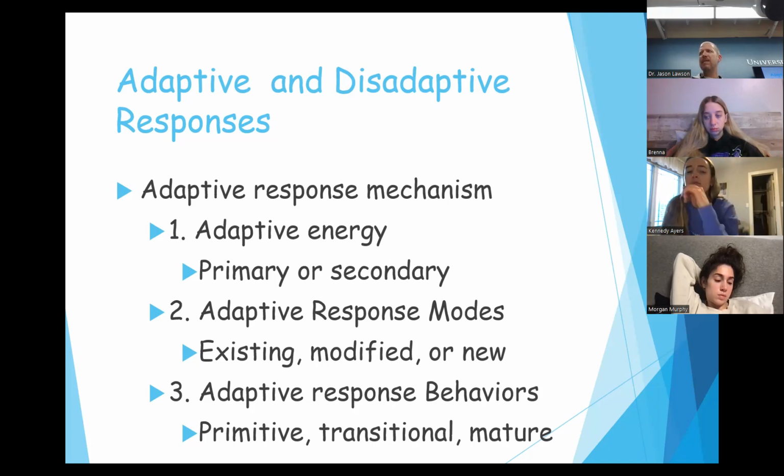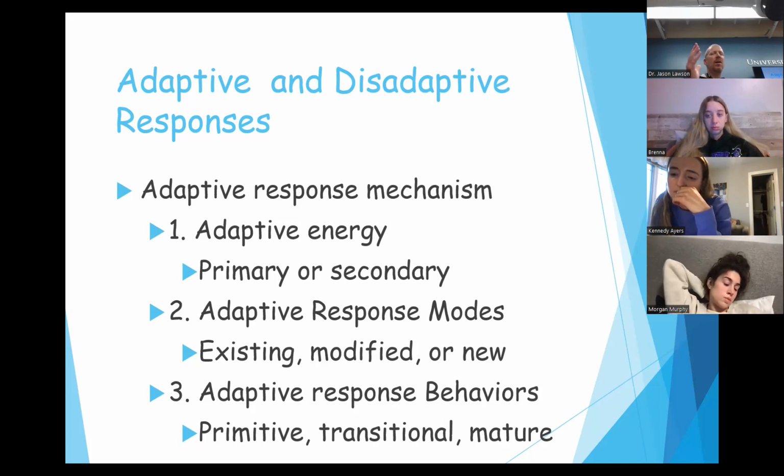I like to think of this as maybe black or white type of thinking. Like when you're learning something new, you're like, okay, these are the steps I need to follow. This is what I'm working on. It's a little bit more black or white. Those are going to be your primary energy.